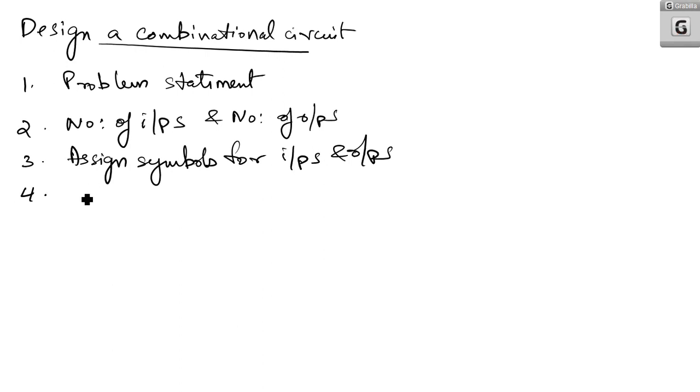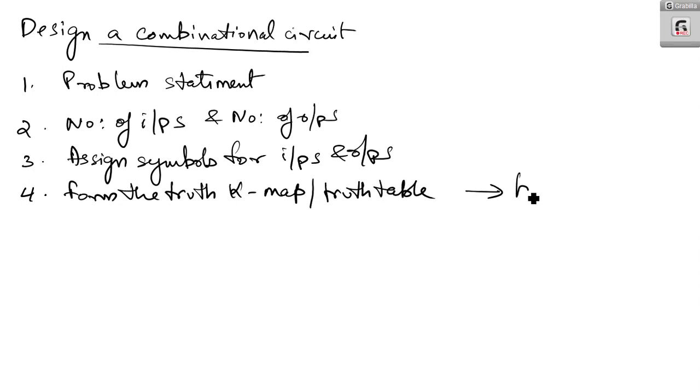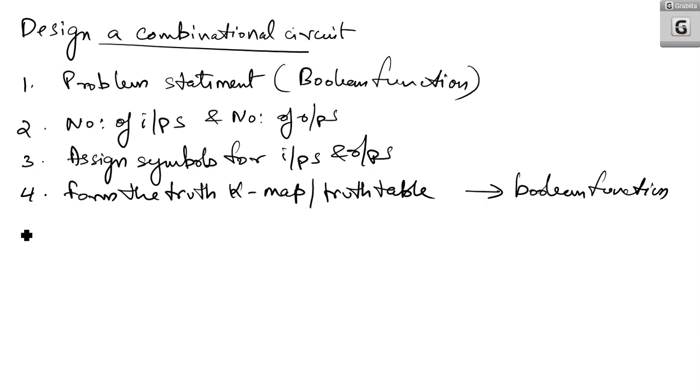Fourth step, form the truth table, from the truth table or K-map, whatever it is, that is representing the Boolean function. So this problem statement is again a Boolean function. Fifth step, simplify the Boolean function if required.